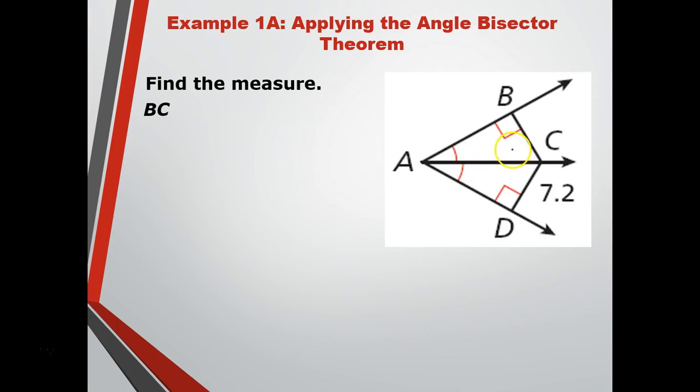So we should know by the angle bisector theorem that these two segments are congruent to each other. So this means that segment BC is equal to 7.2. Okay, so there we have it.